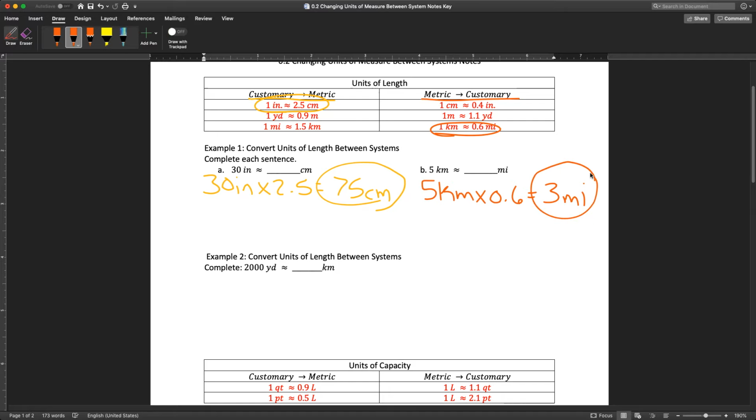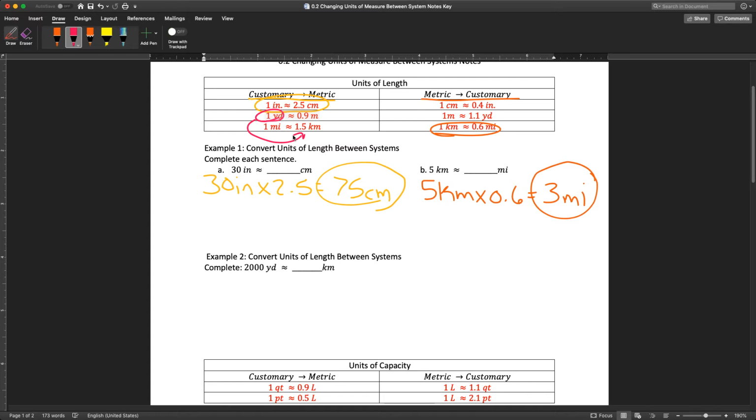So now we're going to use the same table, but we're going to convert a length between systems from 2,000 yards to kilometers. Hopefully, when you take a look at our table here, you will see there is not a direct relationship from yards into kilometers. So what we have to do is a two-step system.